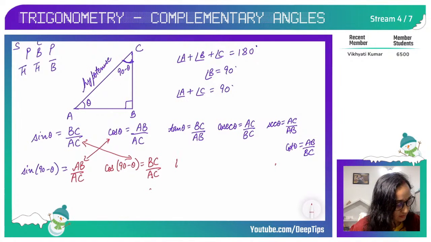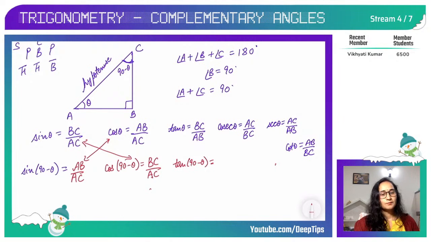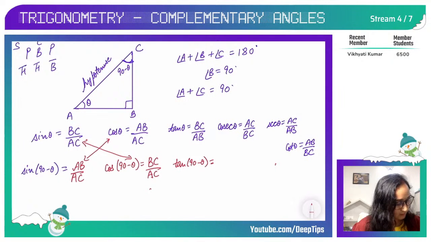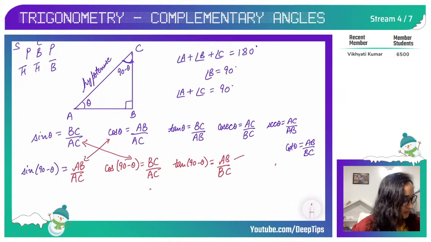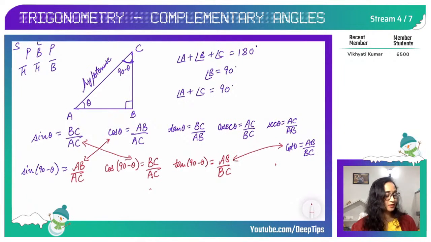Okay, so when I write here tan 90 minus theta, tan 90 minus theta is equal to AB upon BC, and you can see that it is equal to cot theta, right? So tan 90 minus theta is equal to cot theta. Okay, now next is cosecant 90 minus theta.